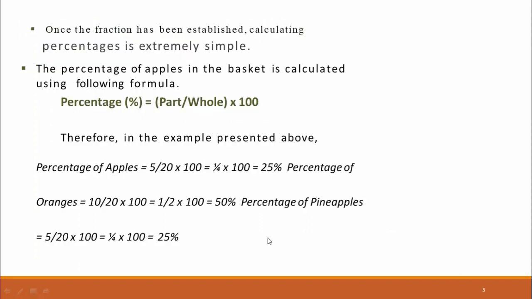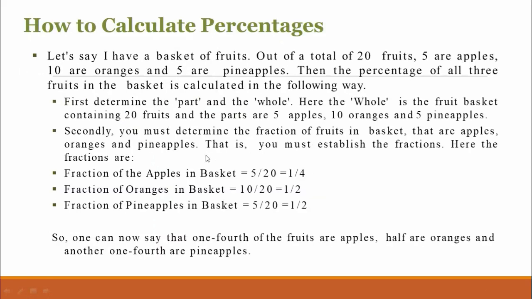Now, once the fraction has been established, calculating the percentage is extremely simple. So this is the first important point: first of all, point out the total, and then obtain the fraction from the part: the fraction of apples, the fraction of oranges, and the fraction of pineapples.